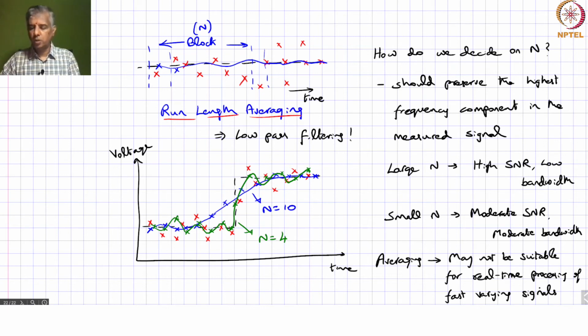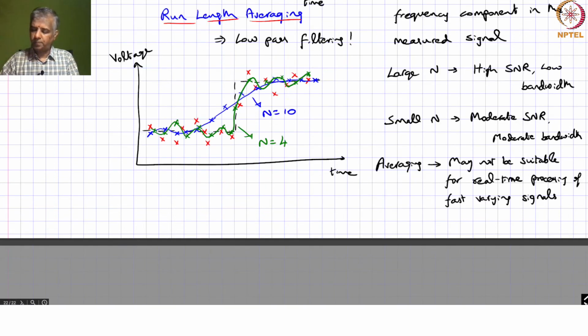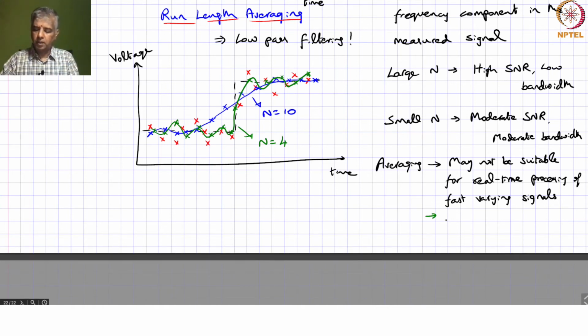So, it may not be suitable for real time processing of fast varying signals, but nevertheless it could be quite useful in distributed sensing of, for example, civil structures, okay.